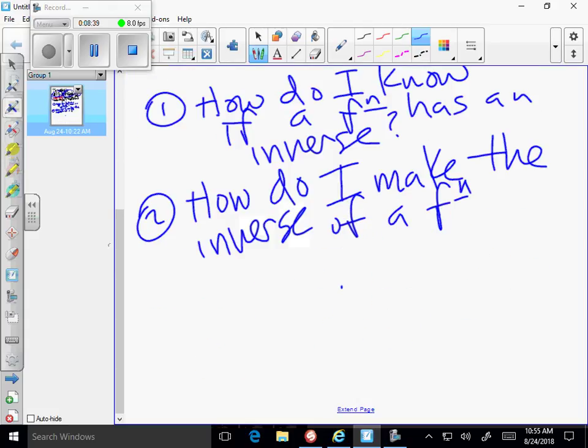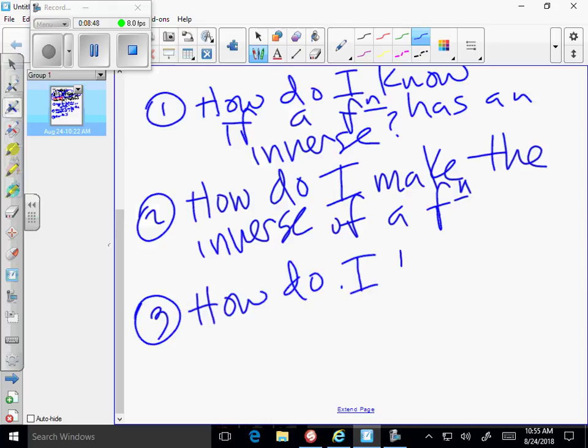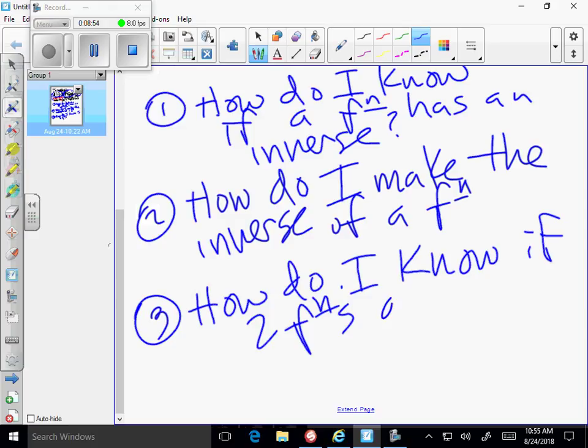And the third part of our conversation today, we actually just started: how do I know if two functions are inverses? And one way I know is to verify with composition. Okay? All right, so this is what I want to talk about.